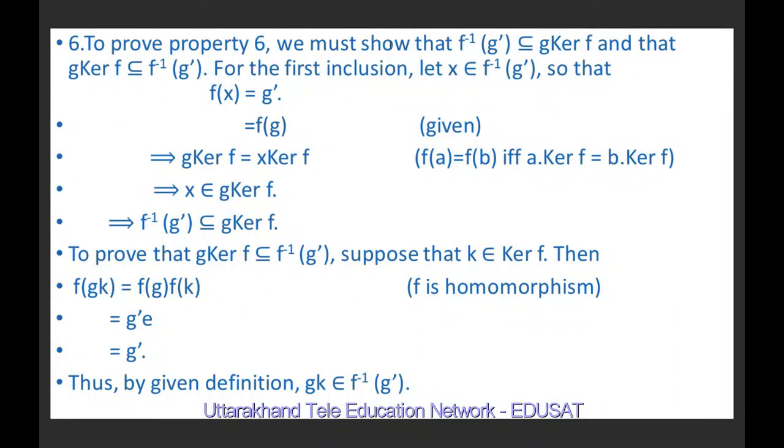To prove this property, we must show that F inverse G dash is a subset of g kernel F and g kernel F is a subset of F inverse G dash.